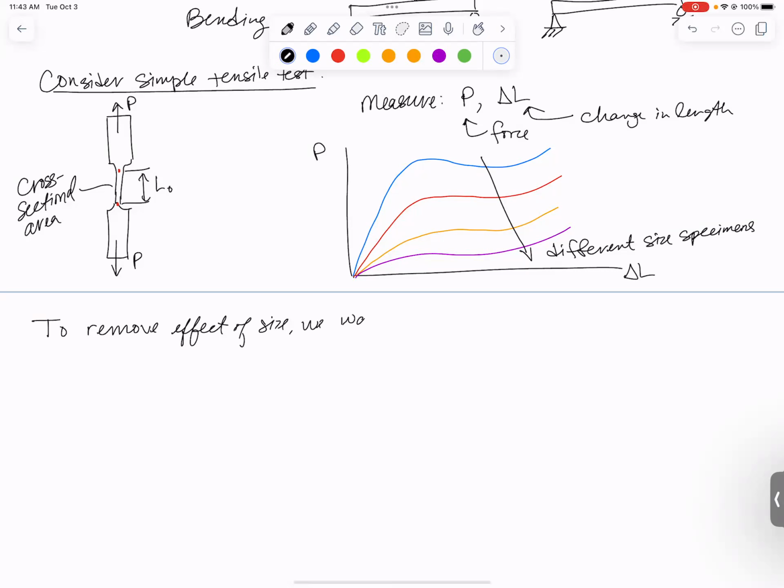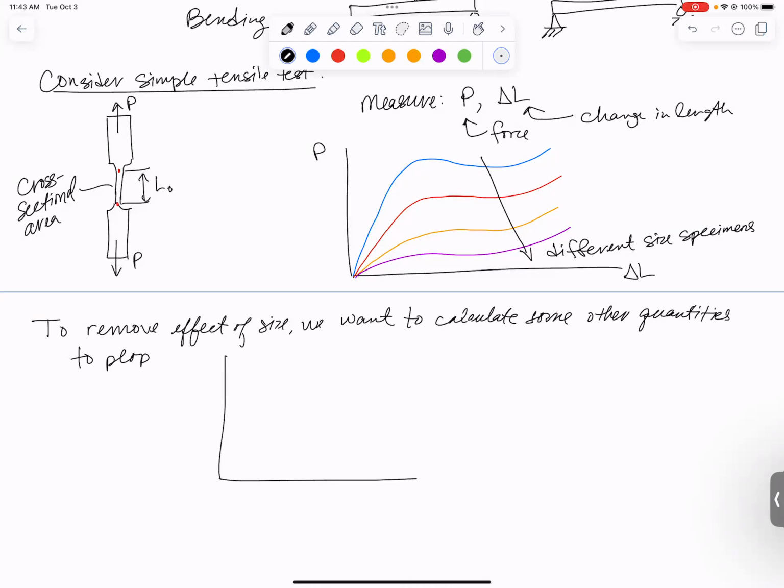We want to calculate some other quantities to plot, so that the hope would be that whatever we plot that's kind of like a load versus whatever that's kind of like a deflection will hopefully all lie on the same curve. That's the hope.